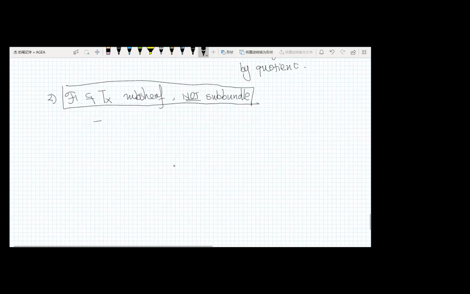We start with another vector bundle F over T, for example another strictly nef or ample vector bundle.